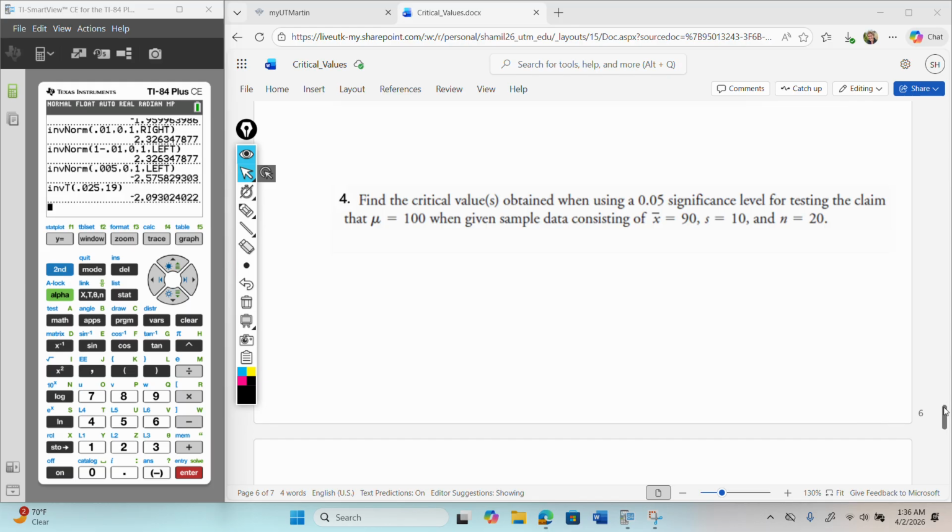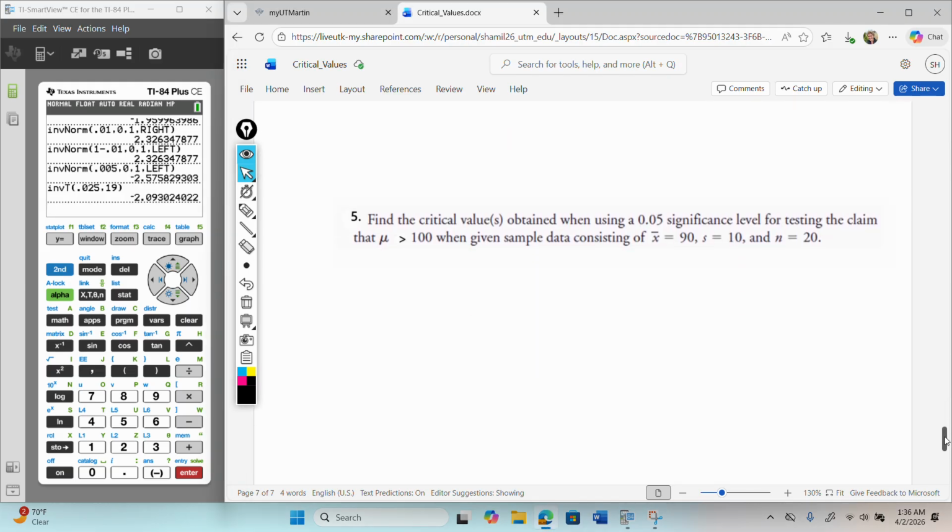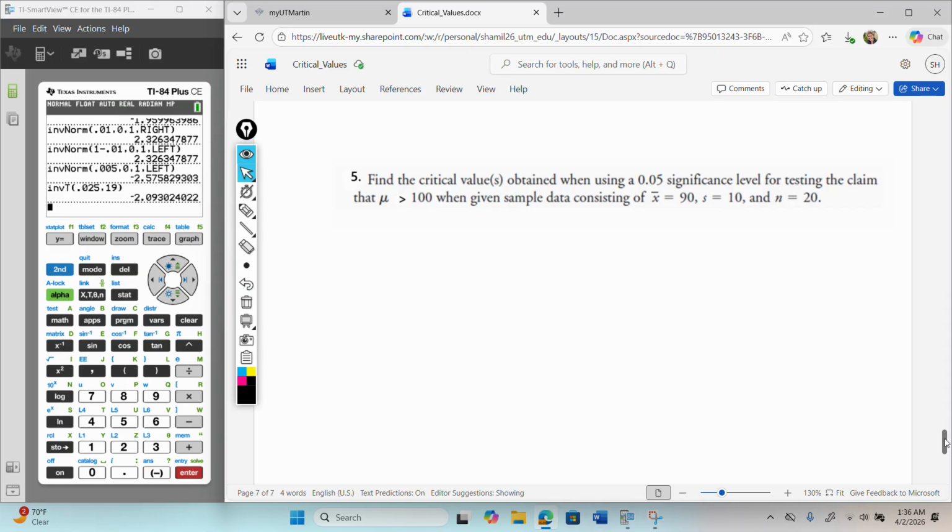What if I just change one thing about that problem? And I change the symbol. So my alpha is still 0.05, but now the claim is that mu is greater than 100.